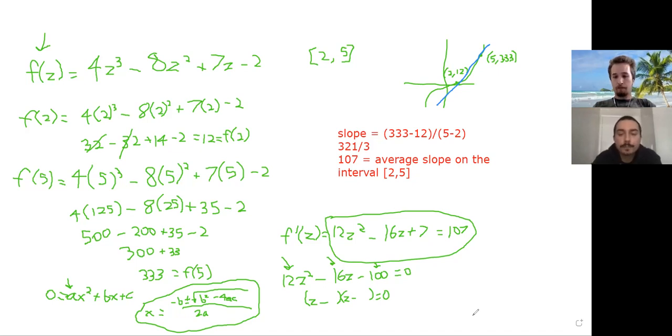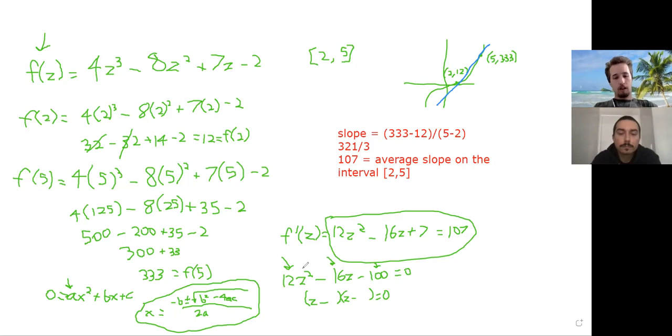Okay. When you plug this in, yeah. So unfortunately, this is going to be the only way to solve this one. You can't really use the square root rule for this one, or completing the square or anything like that.